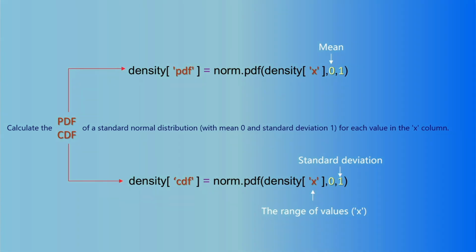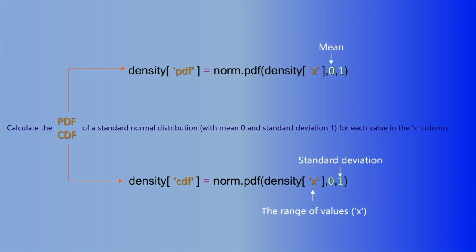And the density CDF, this line calculates the CDF of a standard normal distribution for each value in the X column. The norm CDF function also takes 3 arguments: the range of values, the mean, and the standard deviation, which is 1.